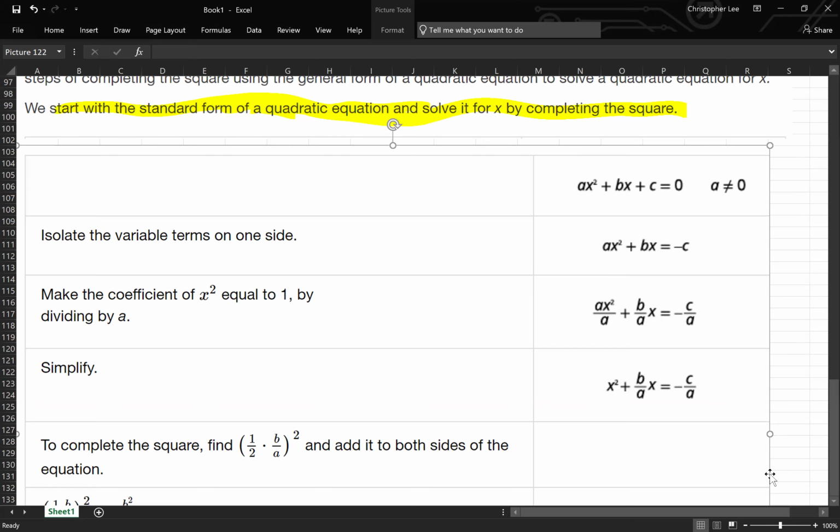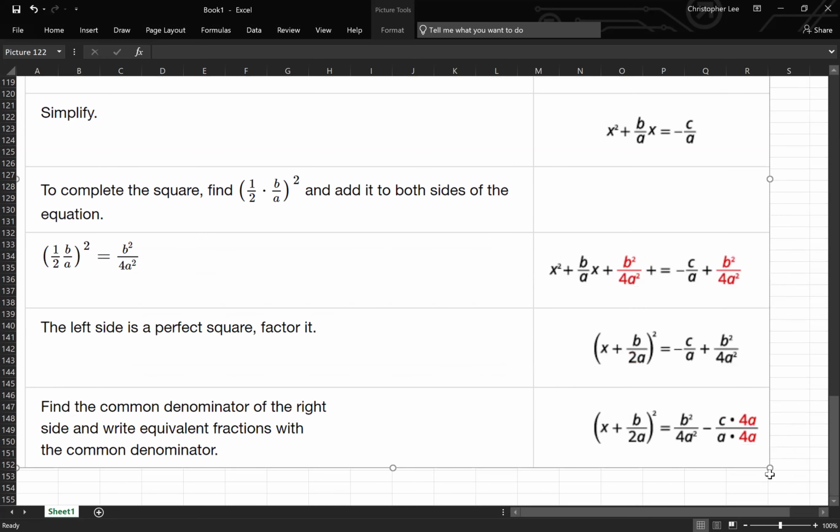over a. And then to complete the square, we find one half of b over a, squared, and add it to both sides of the equation. So half of b over a, which is b over 2a, squared is going to be b squared over 4a squared. Add that to both sides of the equation, factor it out. So we have x plus b over 2a squared is equal to negative c over a plus b squared over 4a squared.